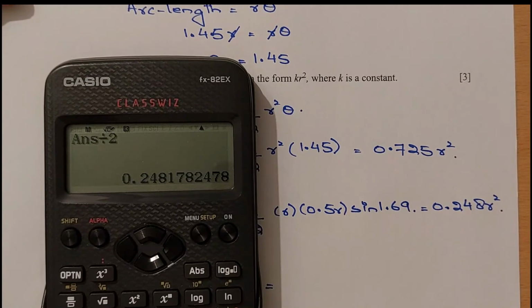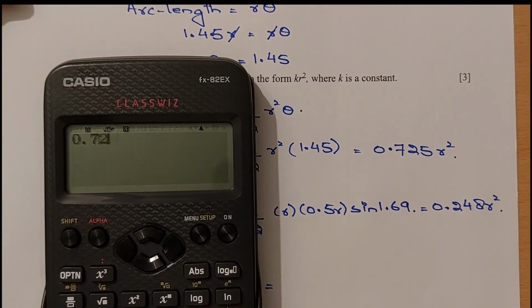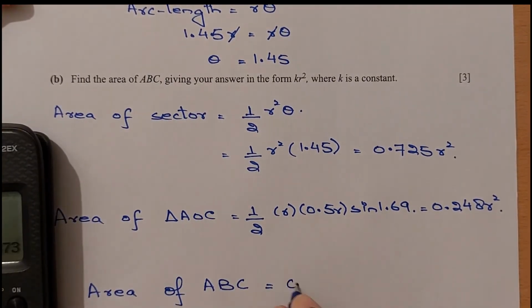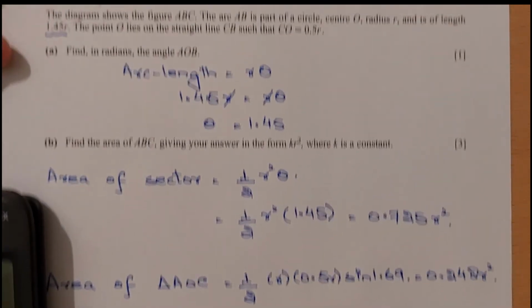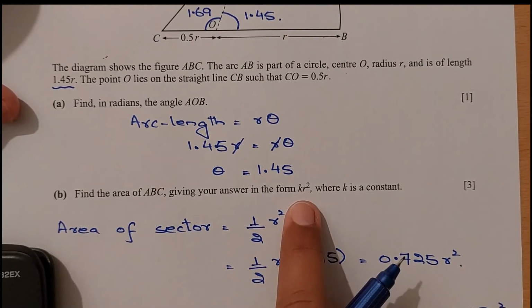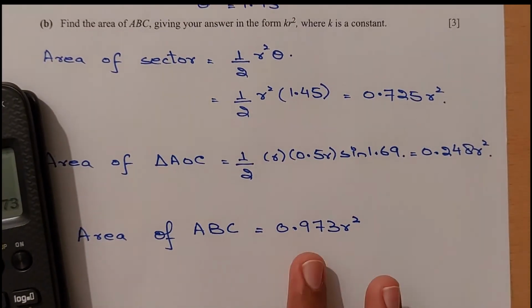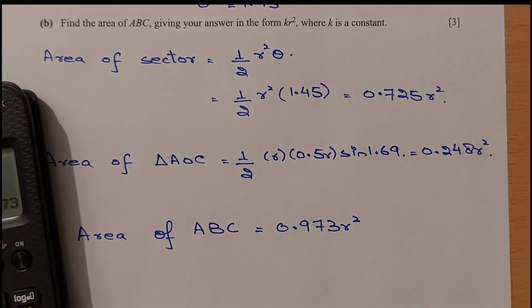So we have to add 0.725 plus 0.248, that is equal to 0.973 r squared, and we need to find the answer in the form of k r squared. So k is a constant, that is 0.973.